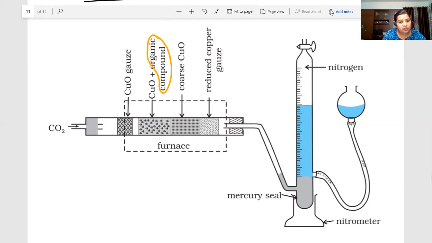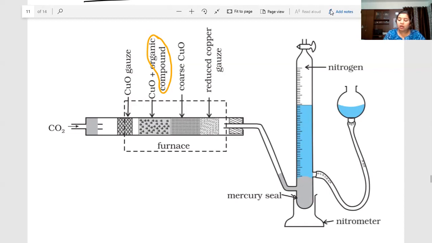In the start of the lecture, we have already discussed that CuO on reaction with an organic compound converts its carbon to CO2 and hydrogen to H2O. But if there is any nitrogen in this particular organic compound, then it is converted to N2. So we are heating this organic compound with CuO.